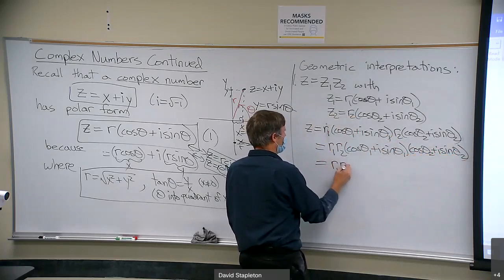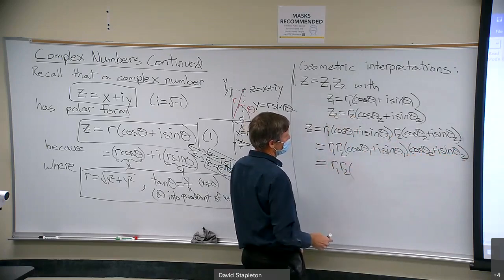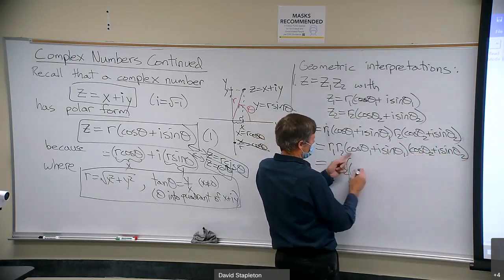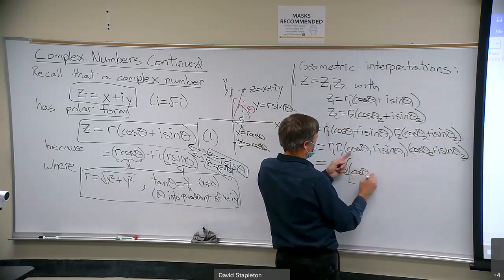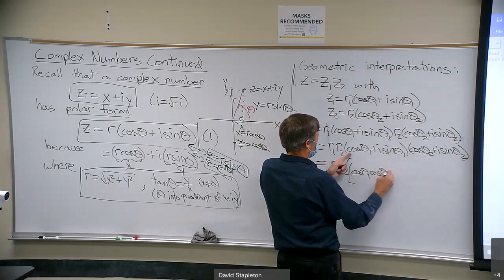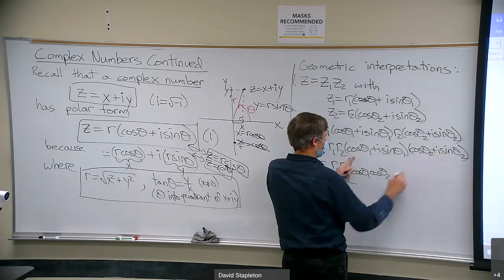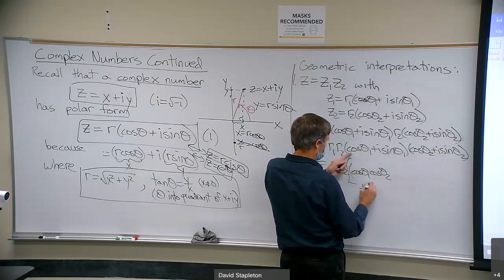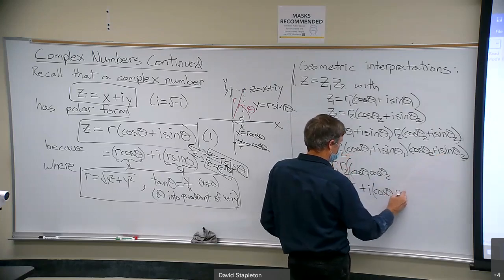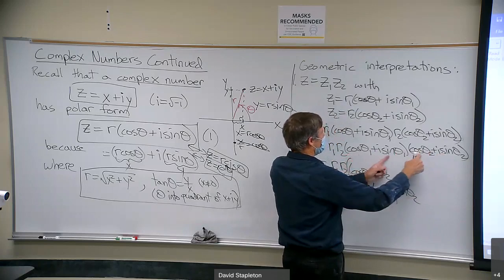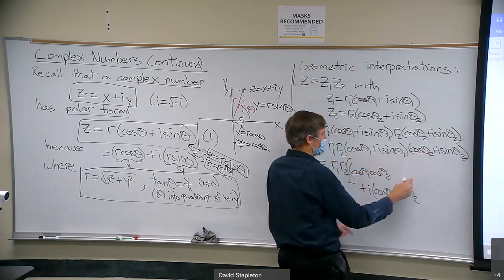Now what we get then is r1 r2 times, let's see, well, cosine, cosine, plus i cosine, sine, sine theta 1, sine theta 2. That's first outside, and then inside is i times sine theta 1, cosine theta 2.